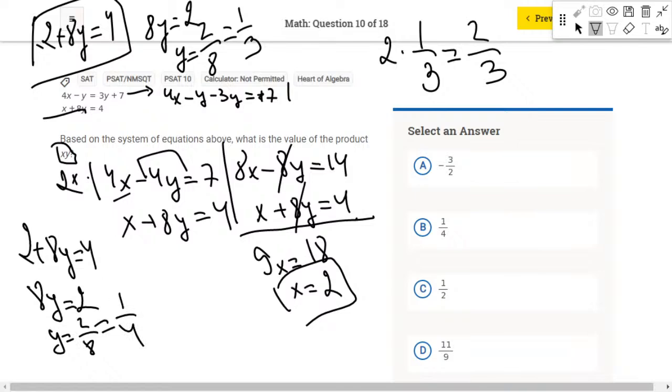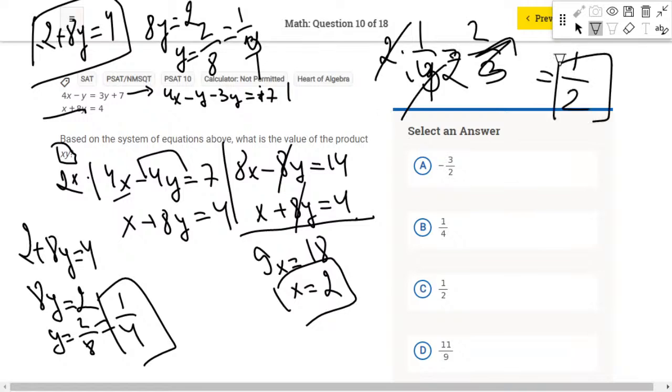Ah, I found my mistake. So now it's 1 over 4, and this gives us 2 times 1 over 4, which is 1 over 2. The answer is C.